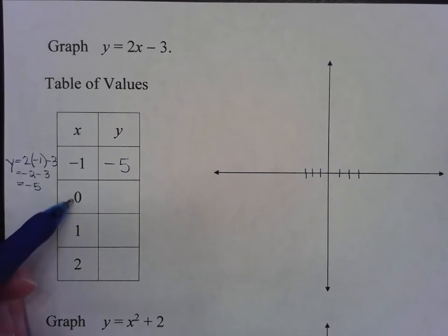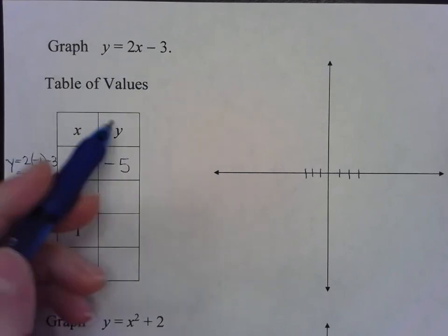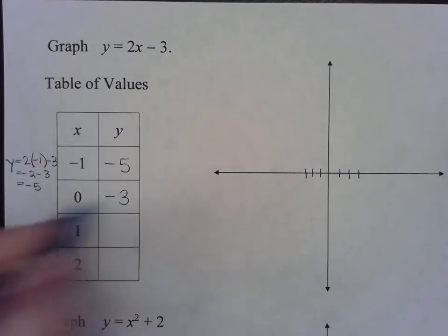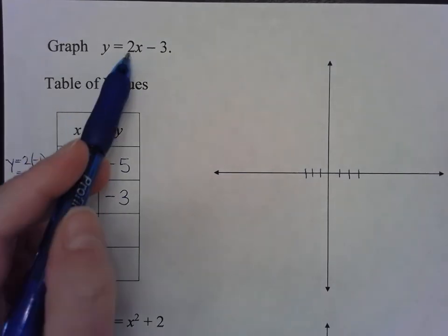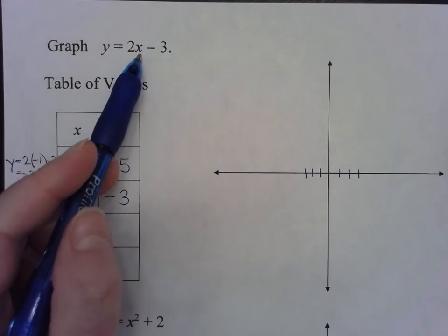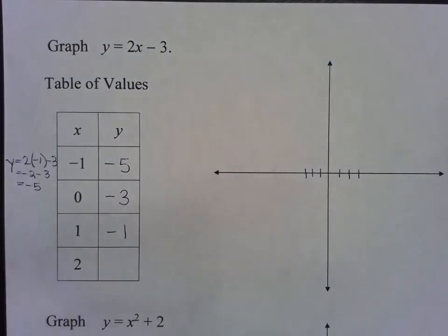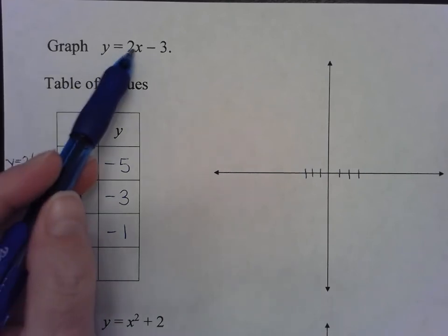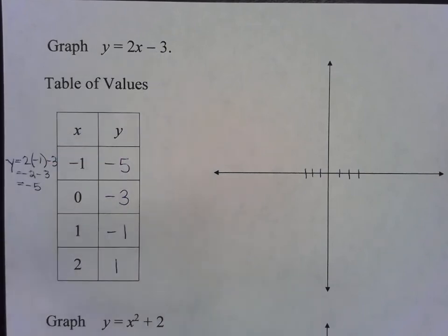Okay, so if I plugged 0 in for x, 2 times 0 would just be 0, minus 3 would give me -3. If x is 1, 2 times 1 would be 2, minus 3 would be -1. If I plug in 2, 2 times 2 would be 4, minus 3 would be 1.